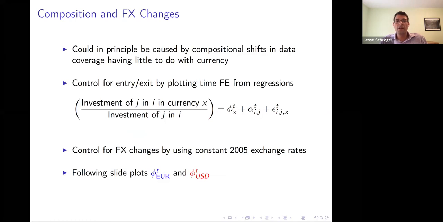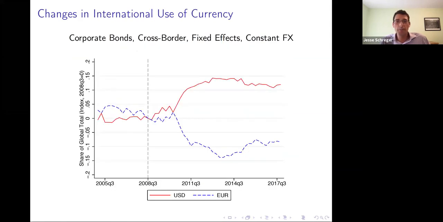Now, one of the benefits of having the underlying data is we can really look at whether this aggregate pattern is driven by compositional shifts that have little to do with currencies. I'm not going to go into the details, but we can make this exact same graph controlling for entry and exit using fixed effects, as well as taking out any mechanical valuation effects. And what's remarkable is even there, this huge shift of cross-border finance from euros to dollars stays through.